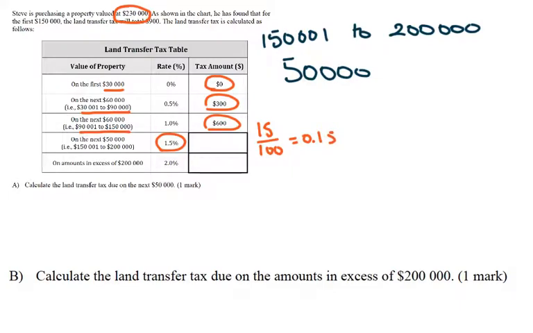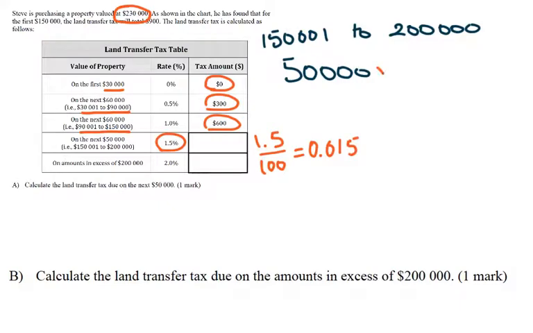Oh, sorry, it's 1.5%, not 17%. Let me just redo this one. 1.5% over 100, so this one will be 0.015.